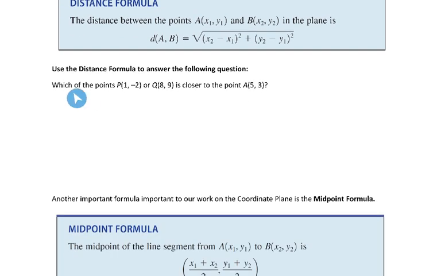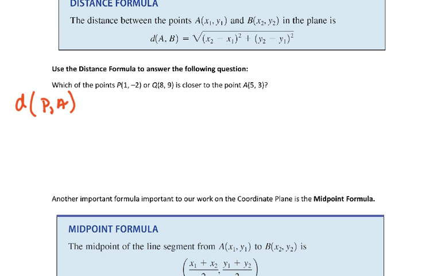Which of the points P, Q is closer to the point A, which is (5, 3)? Let's first find the distance between P and A. Notice I wrote that with a little d out front. It helps me to label our points so we know what's going to be x1 and x2, y1 and y2.